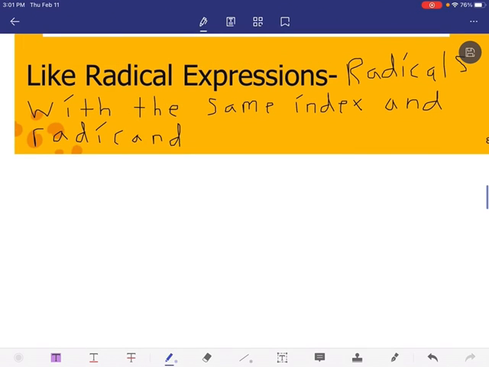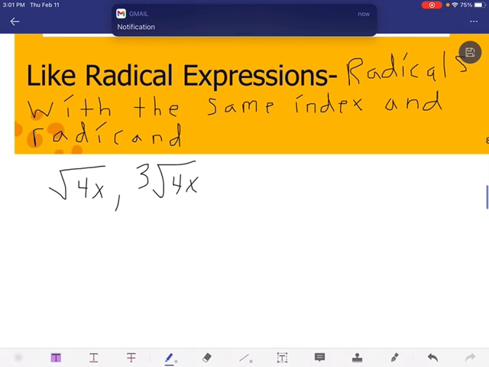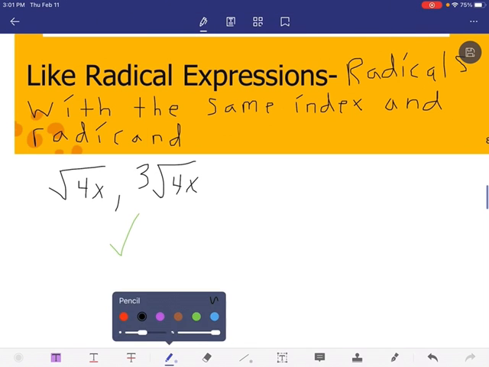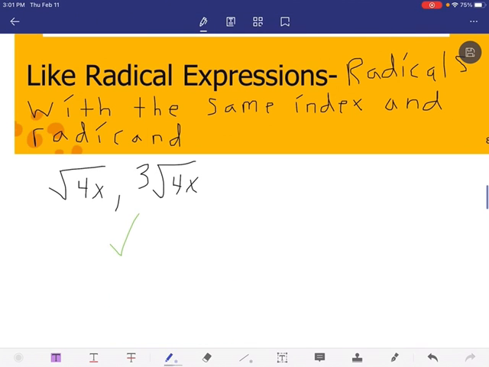So some examples. If I had, say, the square root of 4x and 3 times the square root of 4x, well, notice that both of them are square roots, and I have a 4x underneath my radical on both of them. So those would be like radical expressions.